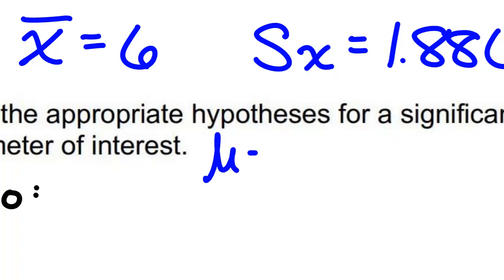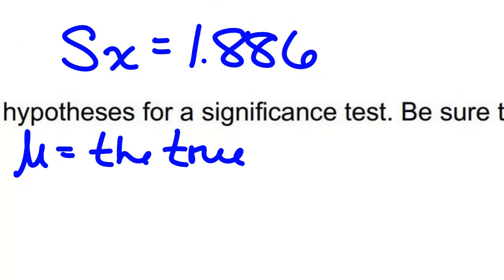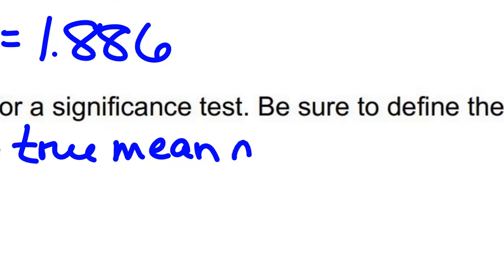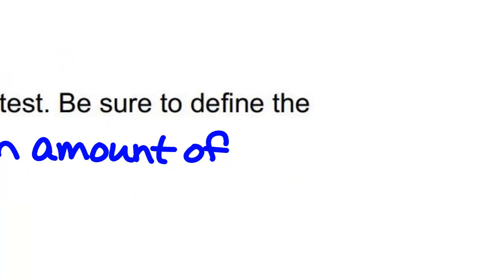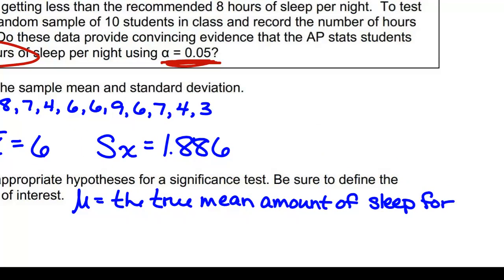Mu equals the true mean, or the true average, amount of sleep for, and we want to be careful because remember, we're talking about the population here, the true mean amount of sleep for AP Stat students, for all AP Stat students.